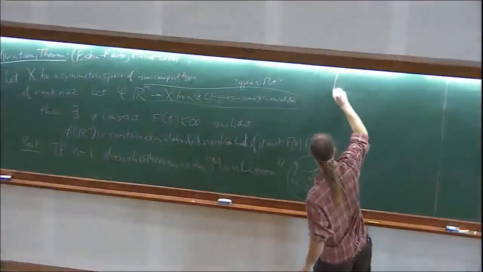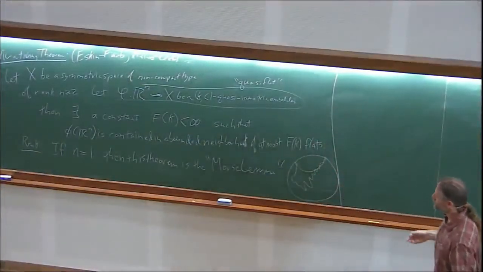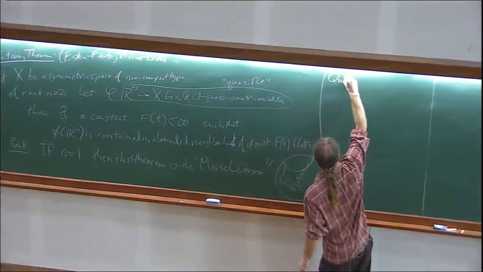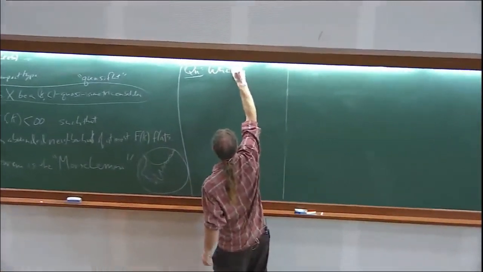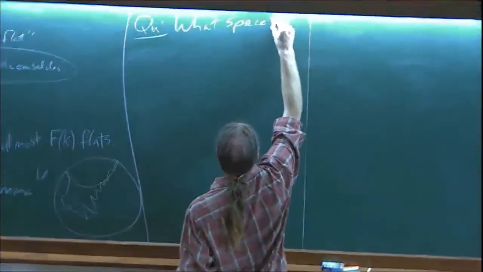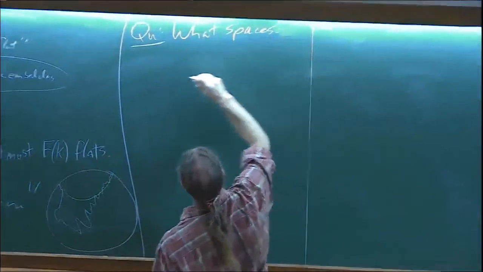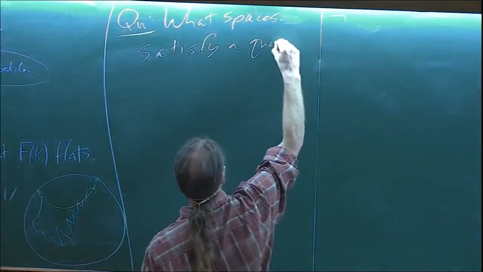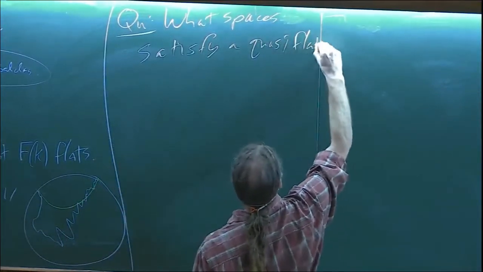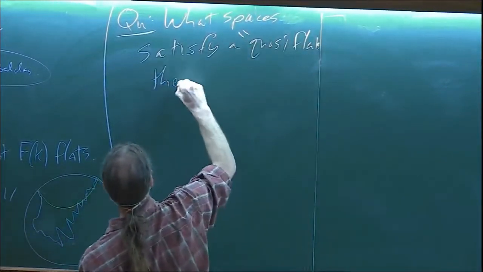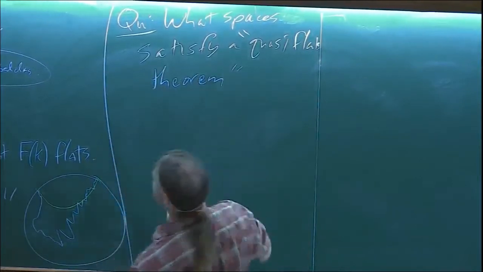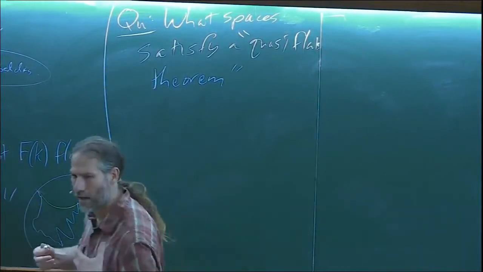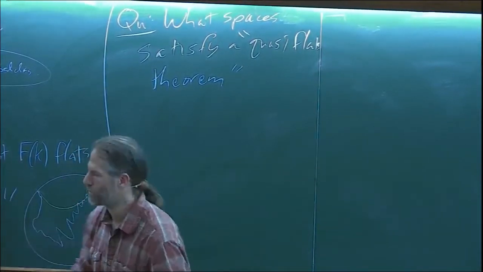Okay, so the question in general then is to try to understand what spaces satisfy a quasi-flats theorem. So something where you have some notion of what a standard flat is, and every quasi-flat lies uniformly close to one.